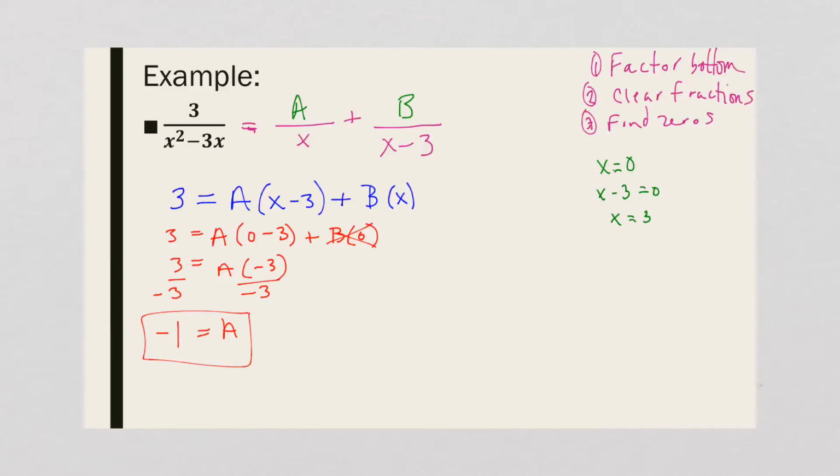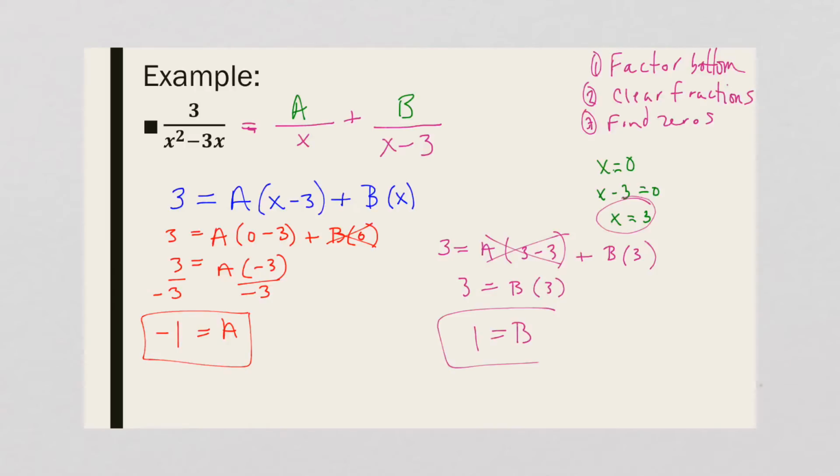So that's the first part. Next, I need to do the same thing using x equals 3. So 3 equals A times 3 minus 3 plus B times 3. Well, this part now equals 0. So 3 equals B times 3 and B equals 1.